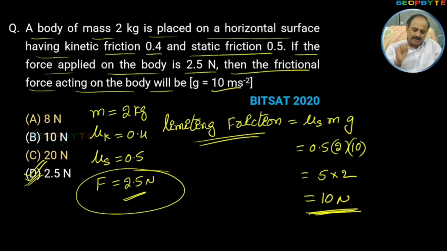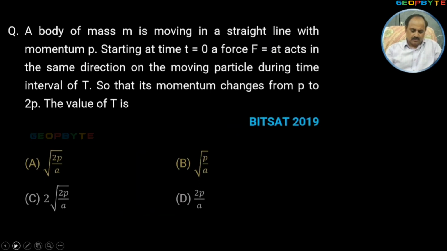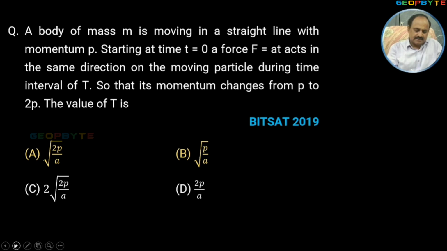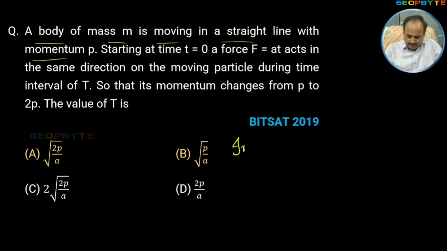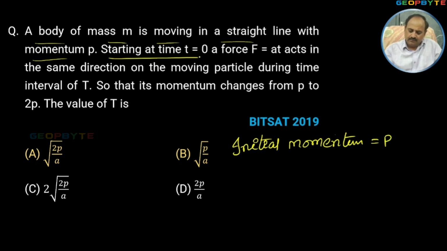Okay. Similarly, let us take another important problem. Look at this problem. It is asking: a body of mass m moving in a straight line with initial momentum p, starting from rest, that is at t equal to 0.